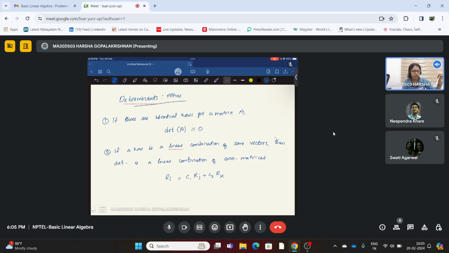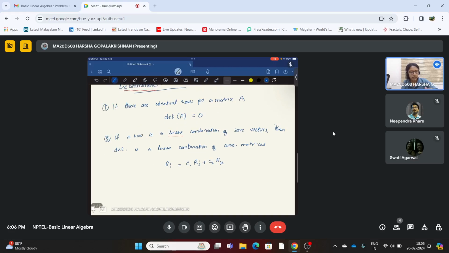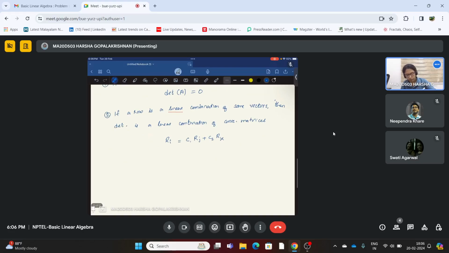All other entries are same, all other rows are same, plus C2 into the matrix containing in the ith position the row Rk, and all other rows are same. So we have two matrices. Find the determinant of these two matrices and take the linear combination. This will be the determinant of the original matrix. That is what it is saying.